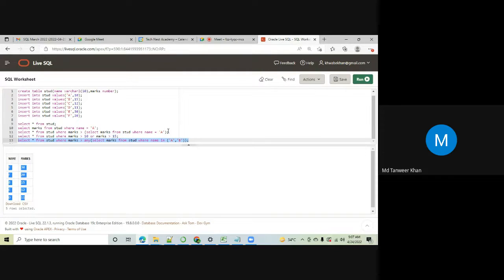But what is the meaning of this query? In this query, I am asking the SQL engine to show me the details of all the students whose marks are greater than, then I've written this ANY, and then I've written this inner query. If I run this inner query, you will get the output as 10 or 15.